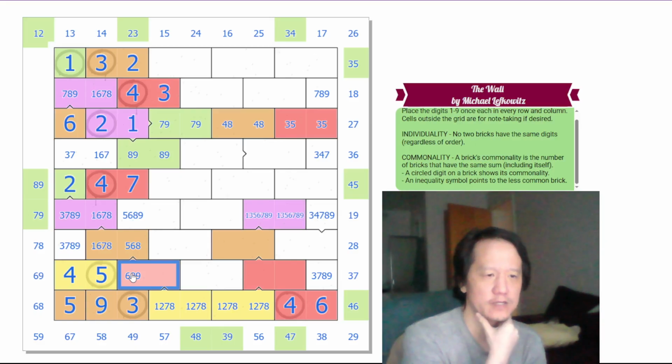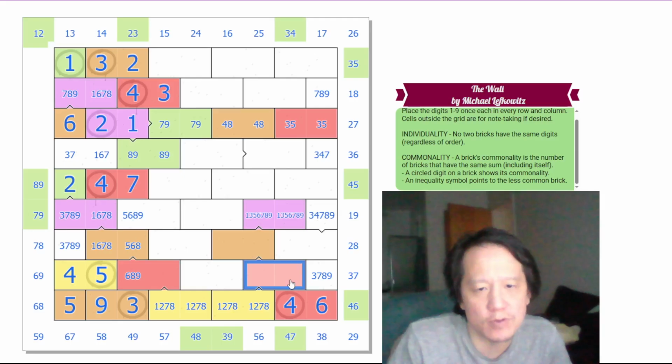Four commonalities are 7 and 8, right? Because you have the single digit by itself. 7 and 8, and 10 and 11. And these are both red.